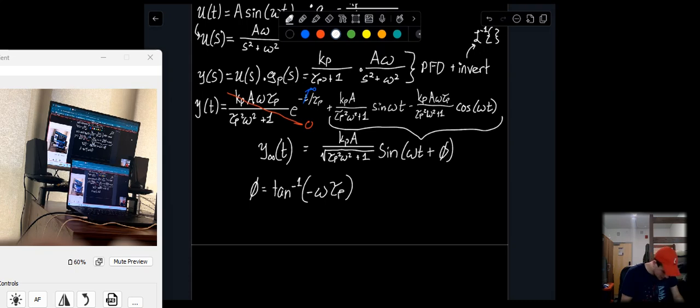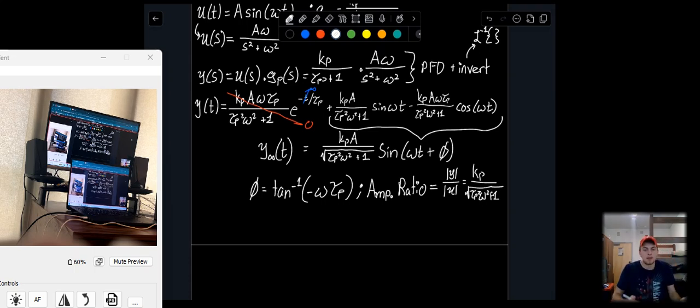And we can also define a term called the amplitude ratio. What that is going to be is the magnitude of y over the magnitude of u, which of course in this case will simply be kp over square root of tau p squared omega squared plus 1, right?